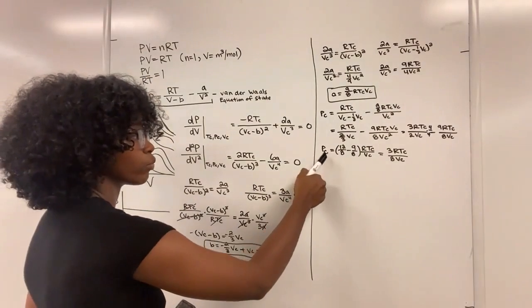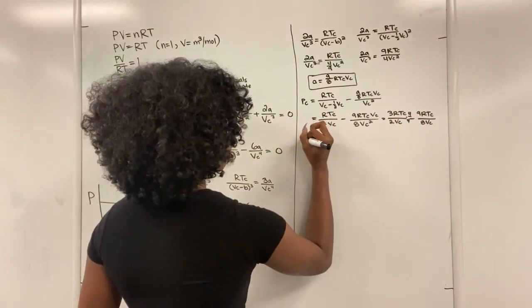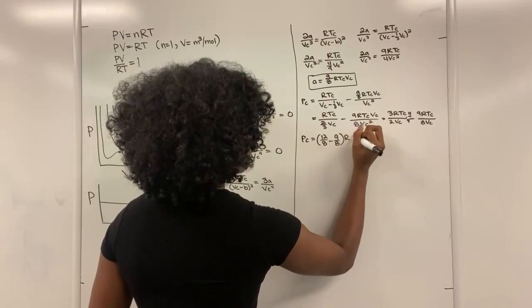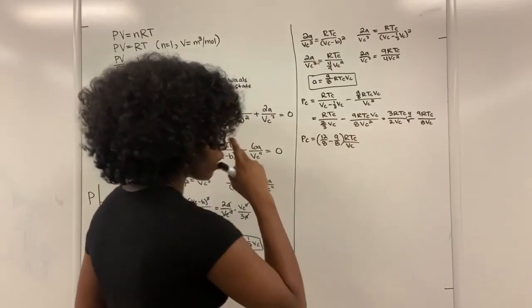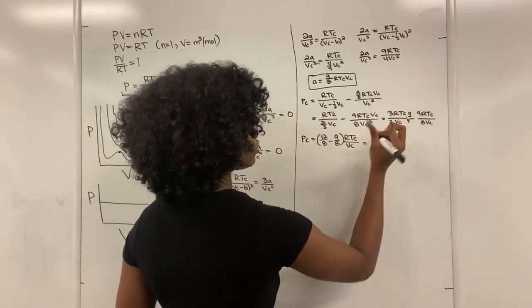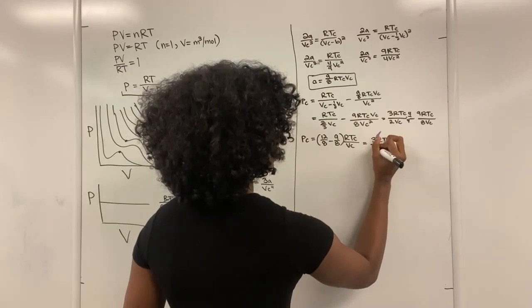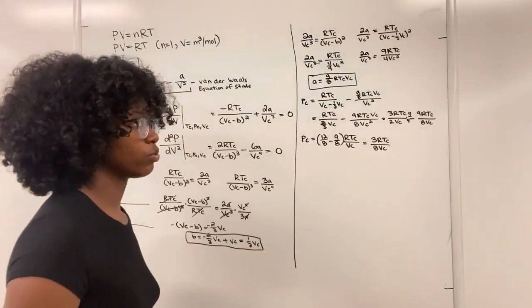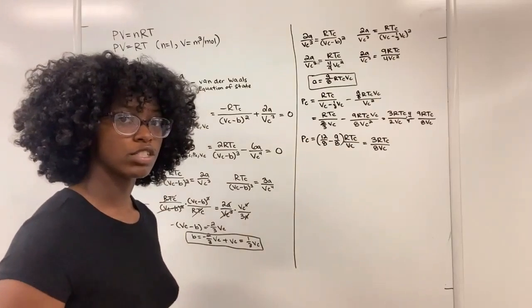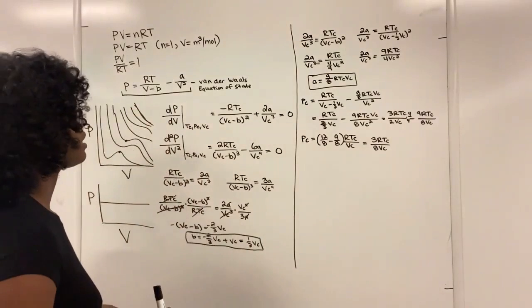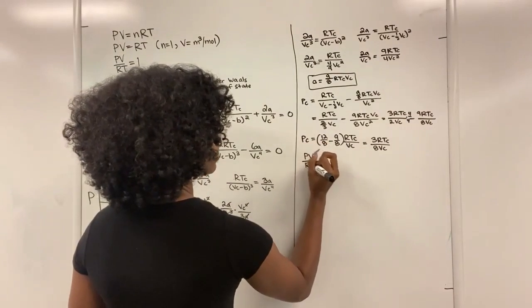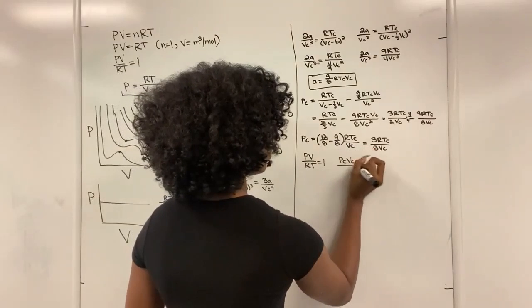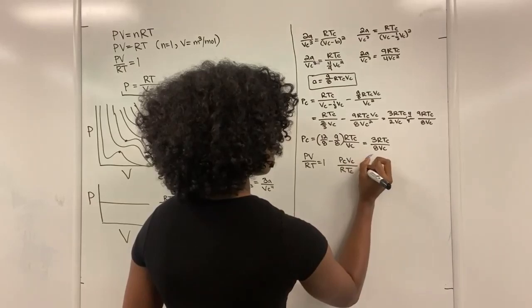Well, we can rearrange this equation so that the critical pressure times the critical volume divided by R times the critical temperature is equal to 3/8.